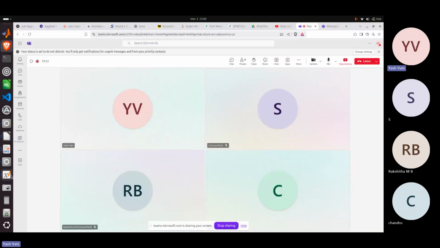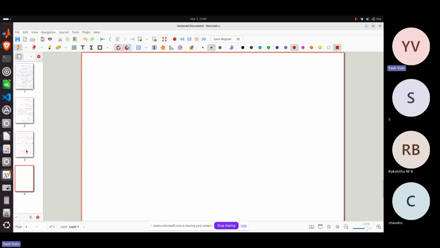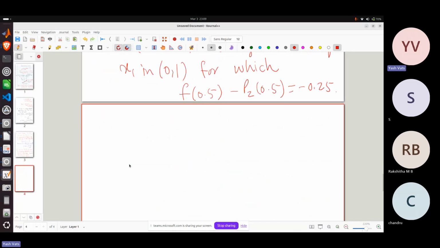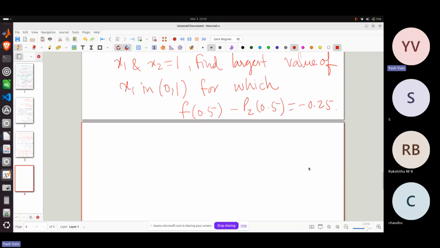All right, so I just go with that. So in this way, how do you deal with this? Find the largest value of x1 for which f at 0.5 minus p2 at 0.5 is this. You know this, right?